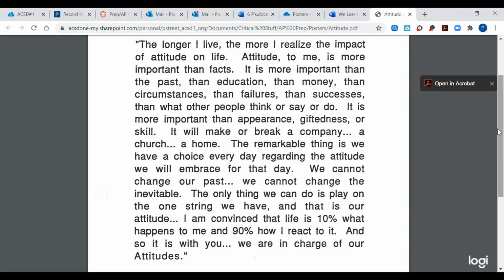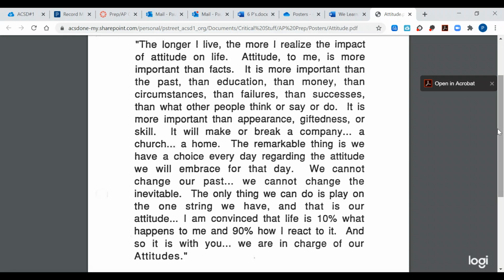The longer I live, the more I realize the impact of attitude on life. Attitude to me is more important than the facts. It is more important than the past, than education, than money, than circumstances, than failures, than success, than what other people think, say, or do. It is more important than appearance, giftedness, or skill. It will make or break a company, a church, a home.